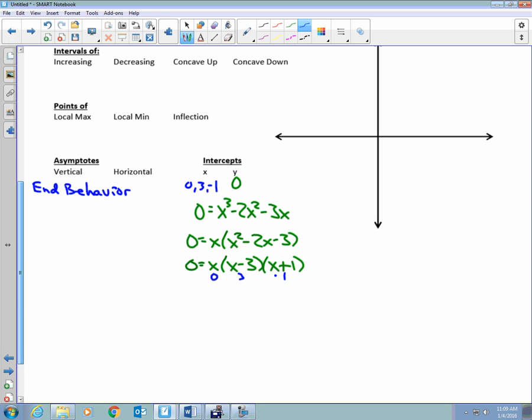We determine the end behavior by letting x go to infinity, identifying the limit. So I have x to the third minus 2x squared minus 3x. How do I evaluate that limit? What do you factor out?